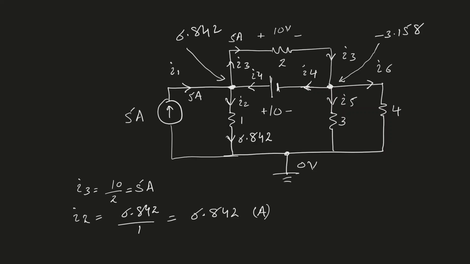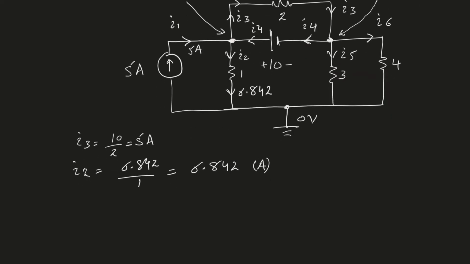So because of this, the voltage source will produce 6.842 amperes, which will go into node 1. So now I can say that I4 is 6.842 ampere. Now this is something that we didn't know earlier.